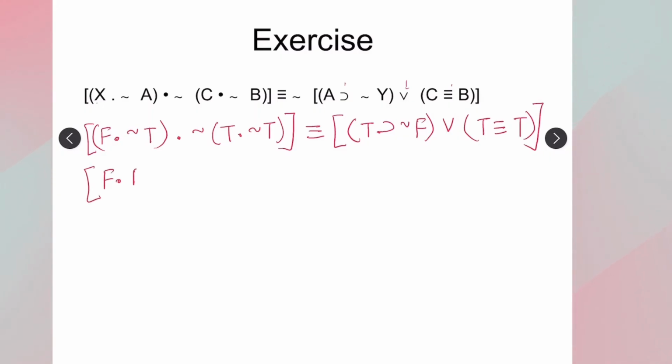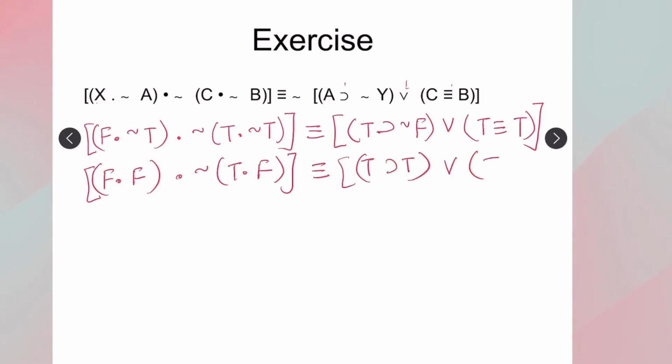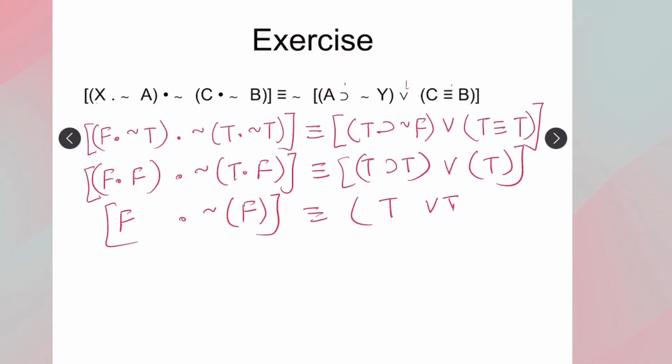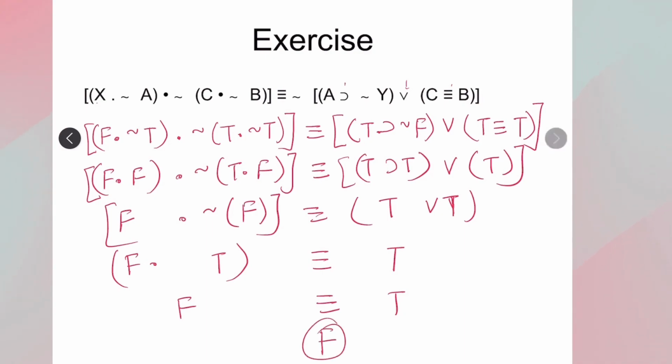False dot negation of T dot false, tri-bar, T horseshoe T, wedge T. False will be false, dot negation of T false will be false, tri-bar T T will be T, wedge T. So here tri-bar T T will be T, F dot negation of false is T, so false true will be false, tri-bar T. So again false true will be false. So this is your final answer.